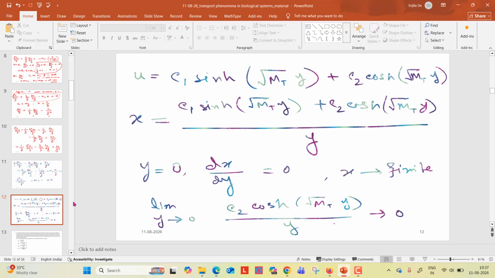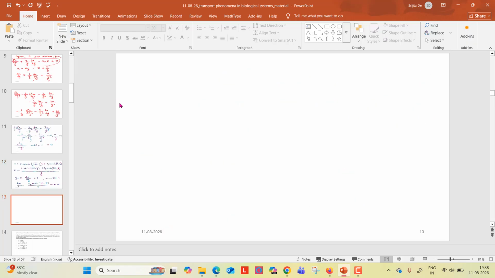So it will be infinity. Sorry, I mistook. This will be 0 and y is at the bottom. So it will be infinite. So it will be a huge term, right? So we will neglect this term. So our final term will be x equals to c1 sine hyperbolic root mty by y, right?